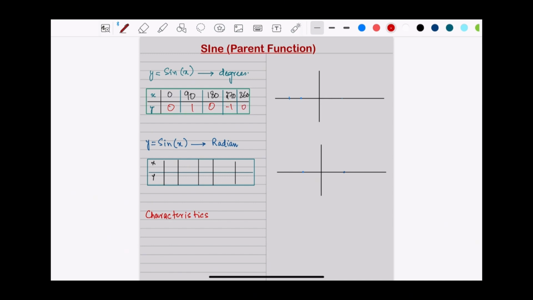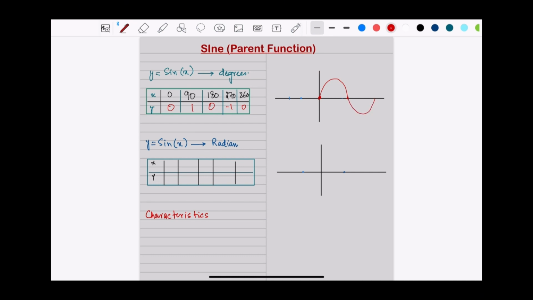So this is how it is a curve, and you can see that when x was 0, the y value was 0 as well. This is the point where it all started off from, and when x was 90 it attained a 1, and then at 180 degrees became 0 again, and hence -1 and 0.